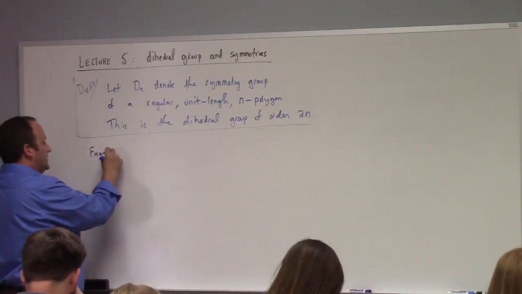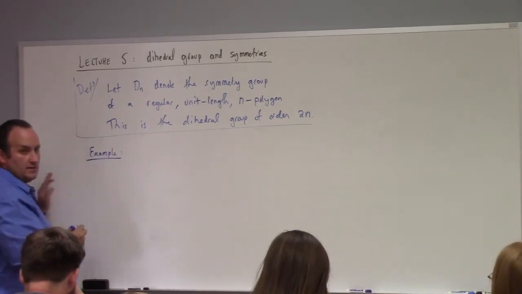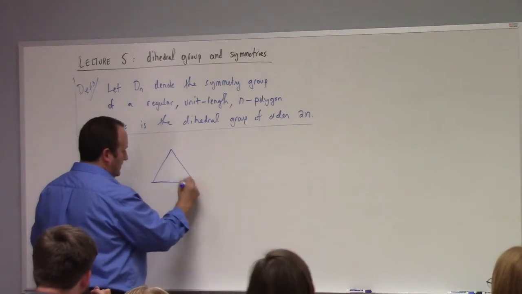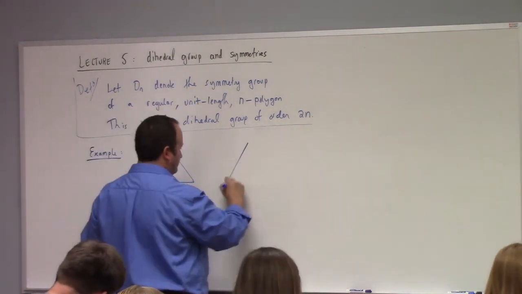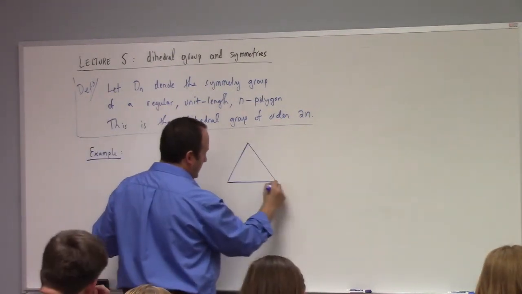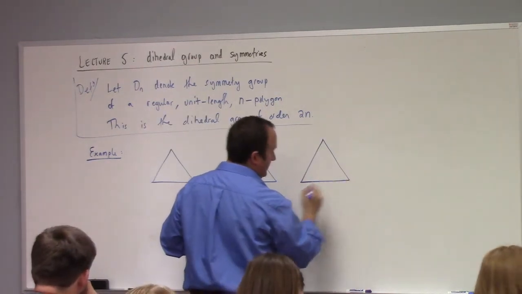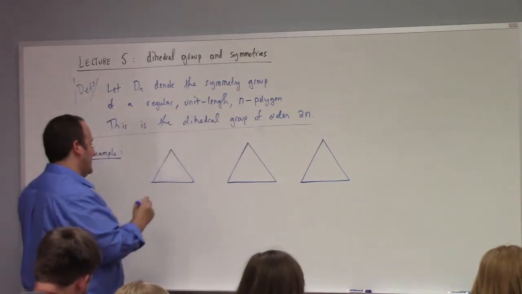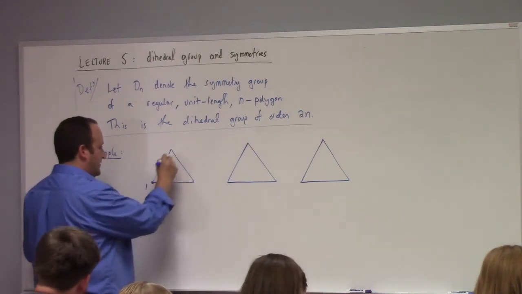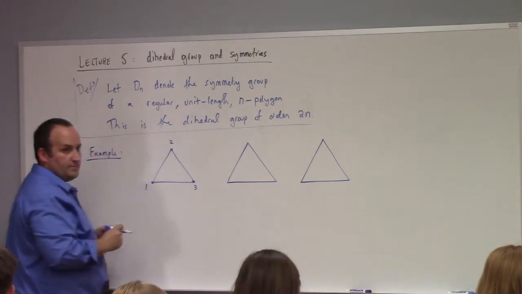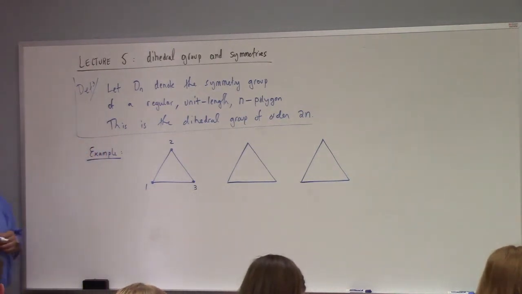So let's start with an explicit example. I'm going to try to use some color coding. We're going to talk about a triangle. We'll talk about D3. I'm going to label the vertices 1, 2, 3 to start with. And the first thing I'm going to do is rotate the triangle.